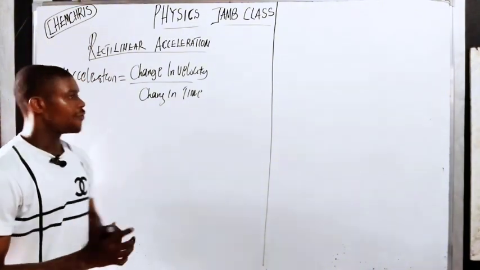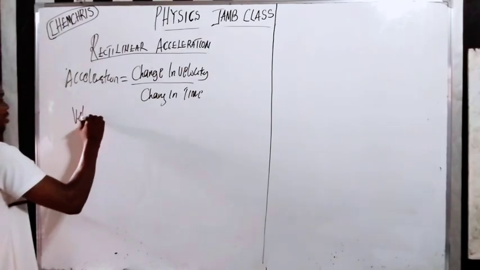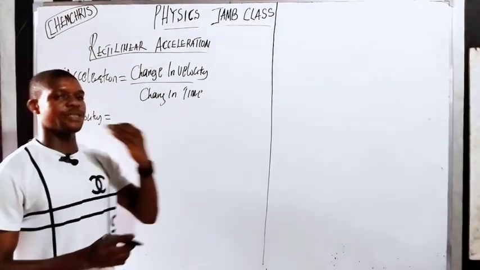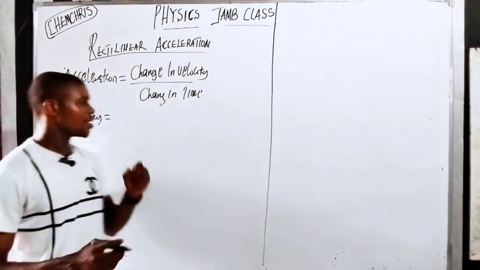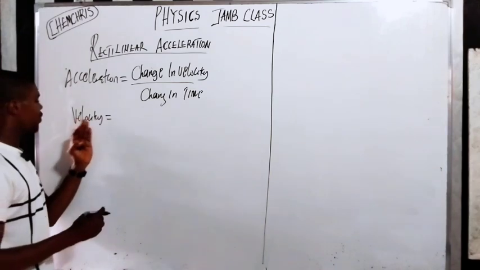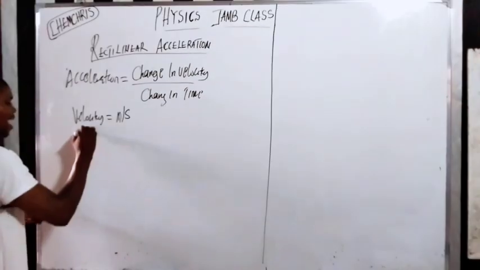And remember, velocity is equal to displacement over time, right? Change in displacement over change in time. Displacement is in meters, time is in seconds. So the unit of velocity is meters per second. And the unit of time is seconds.